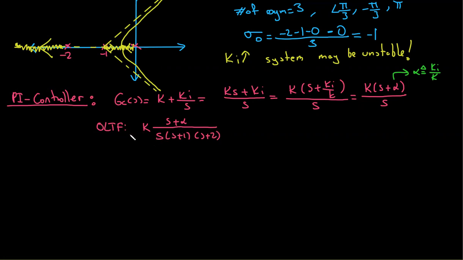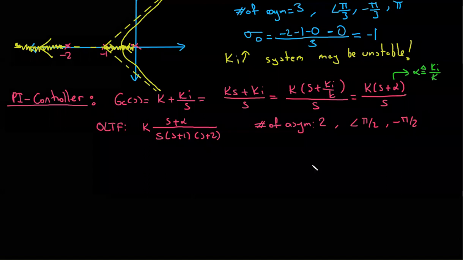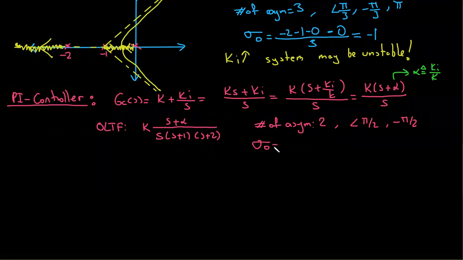Okay, so let's try to sketch the root locus. So what is the number of asymptotes here? 2. Exactly, 3 minus 1 is equal to 2, and their angles are going to be pi over 2 and minus pi over 2. Okay, and what is the intersection of the asymptotes? It's the summation of the poles minus summation of the zeros.